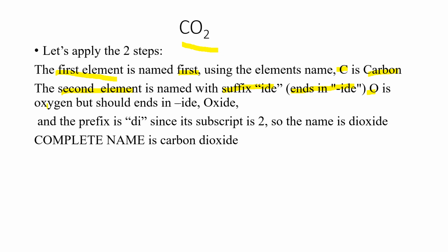It should end in IDE. So the name is oxide. And the prefix is di because it has two oxygen. So the name is dioxide. So the complete name is carbon dioxide.